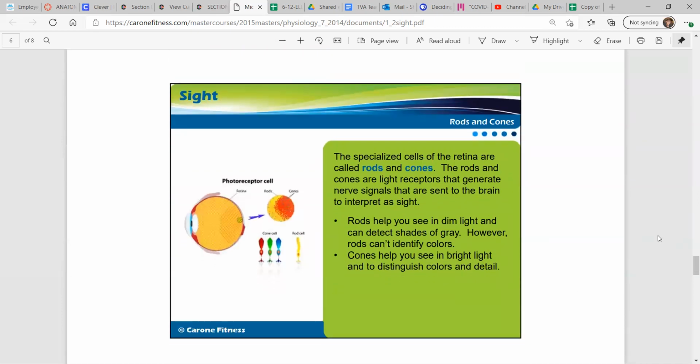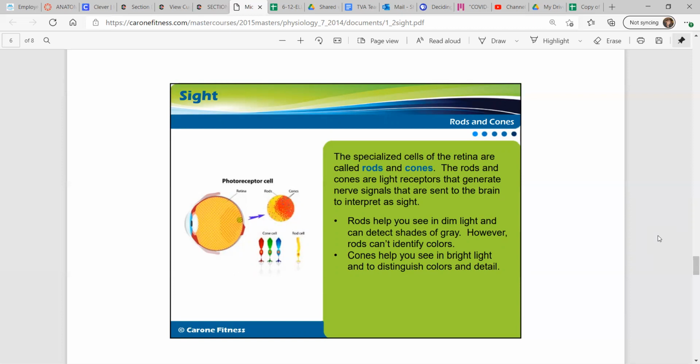The specialized cells of the retina are called rods and cones. The rods and cones are light receptors that generate nerve signals that are sent to the brain to interpret as sight. Rods help you see in dim light and can detect shades of gray.